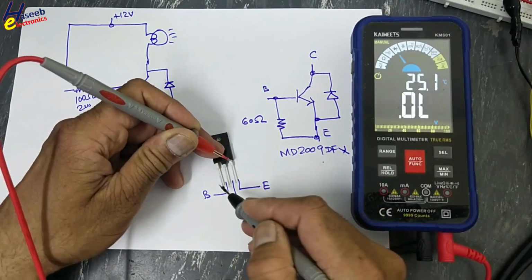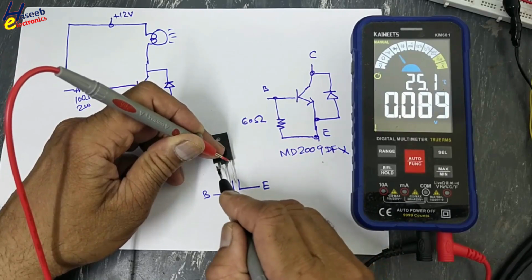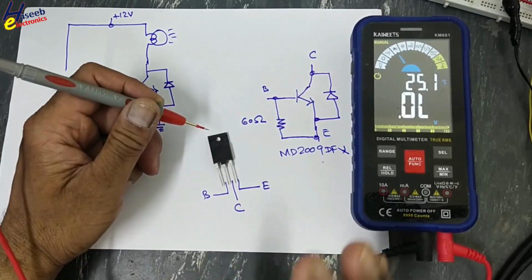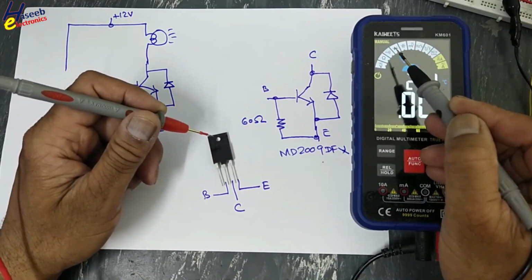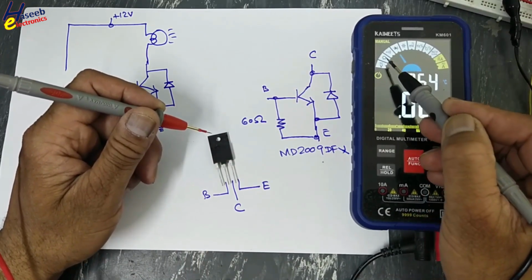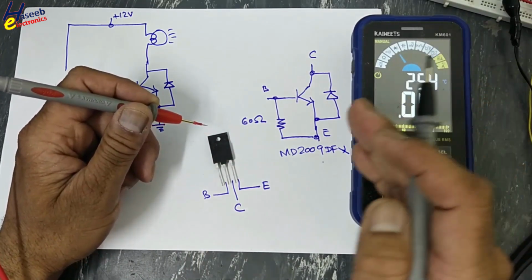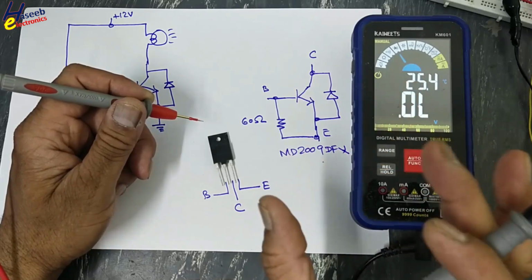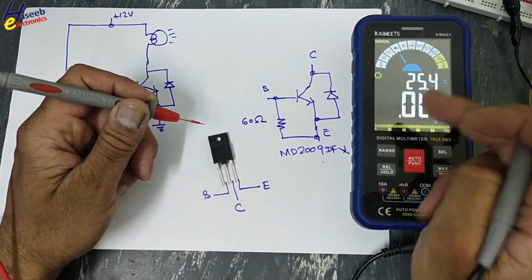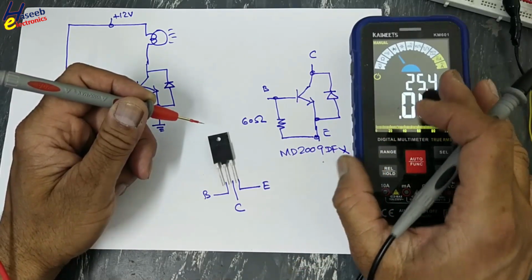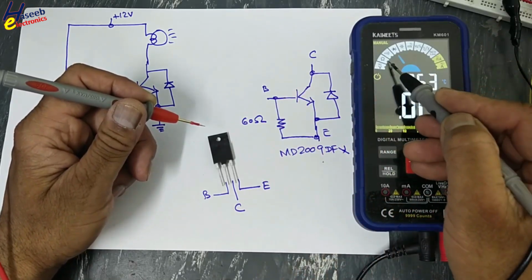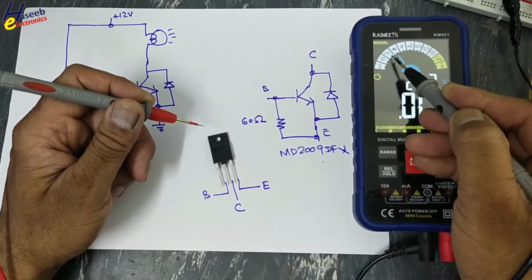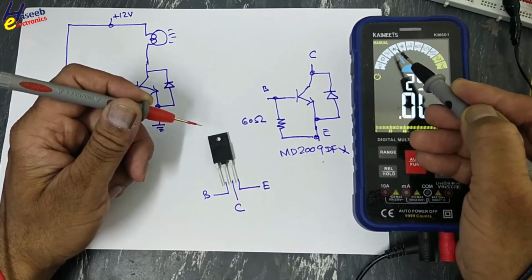The second thing, why is there a difference? Maybe in some multimeters diode, continuity and resistance give the same reading. But in this multimeter, it is using different current levels to test resistance, continuity and diode.